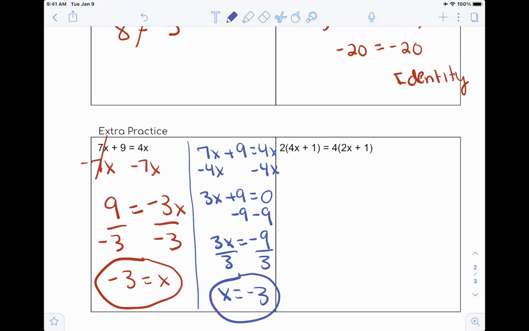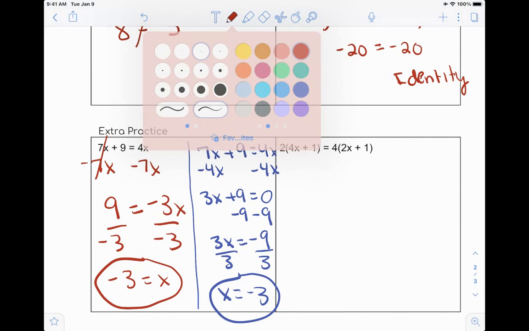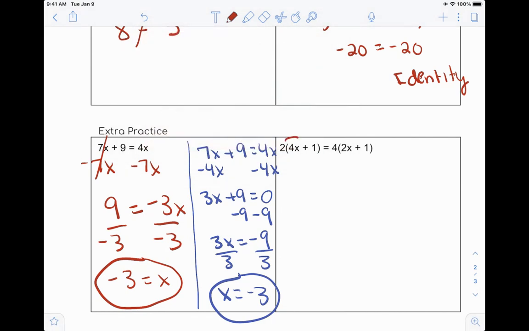Okay, so the last problem that we're going to look at, we need to distribute or give out on both sides of the equation, a 2 on the left-hand side and a 4 on the right-hand side. Okay, so I'll give out that 2, and 2 times 4x is 8x, plus 2 times 1 is 2.